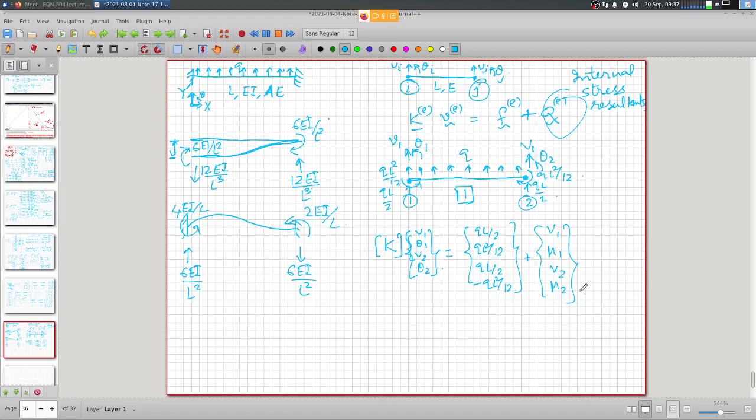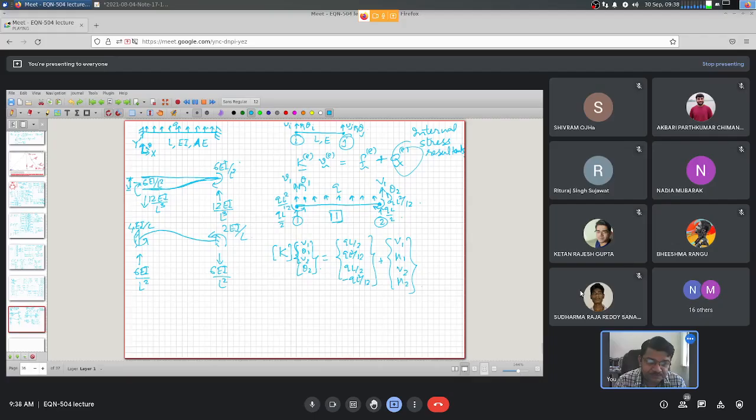Nothing wrong with that. You can very well do that. But what happens now is something very, very interesting. What are the boundary conditions of the problem? Any ideas? So slope and displacement at both the nodes are 0.